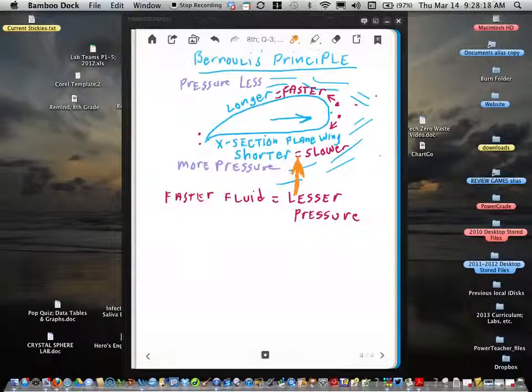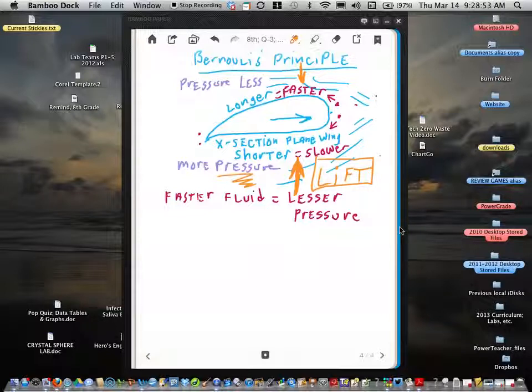So I'm going to draw a bigger arrow on the bottom and a smaller arrow here on top, just to visually represent that. Because the pressure on the bottom is greater and the pressure on the top is less, that creates something that we call lift.